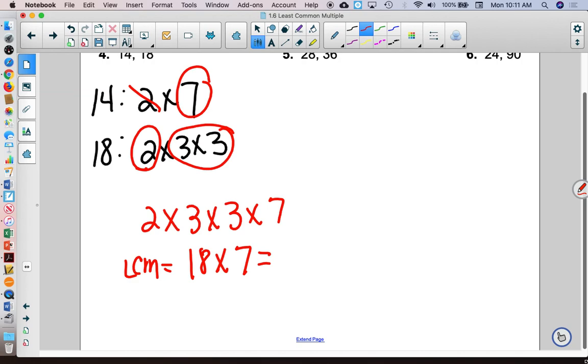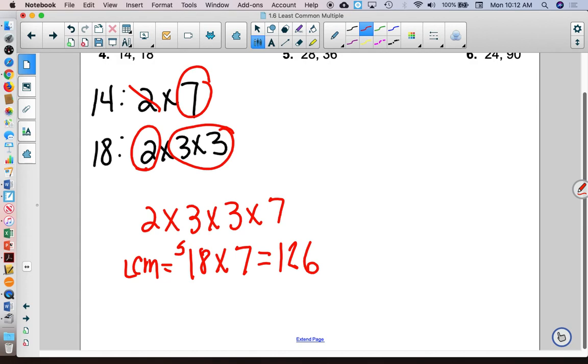And 8 times 7 is not 126, because 8 times 7 is 56, okay? So I got a 6, and I'm going to carry the 5. 7 times 1 is 7 plus 5 more, 12. So my LCM is now 126. And Amelia had it, she knew it. But she's just got to give the rest of us time, right?